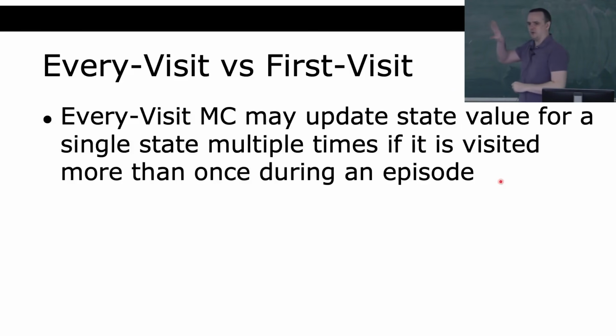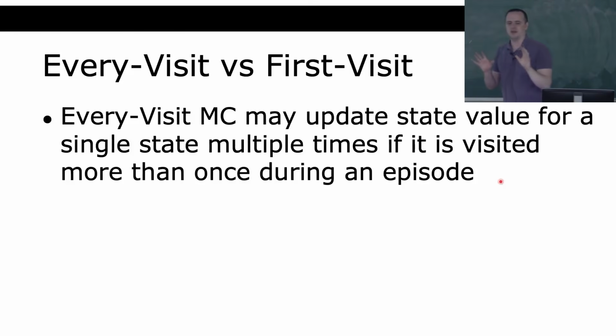Then I see the state once, I'm going to update its value to be closer to a win. Then I see that same state later on in the same episode, and I update it again to be closer to a win. Do I actually want to have updated it twice when really I only got one reward from that episode? I really only have one example of it winning.